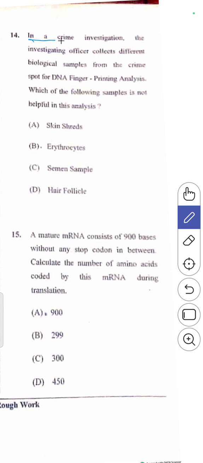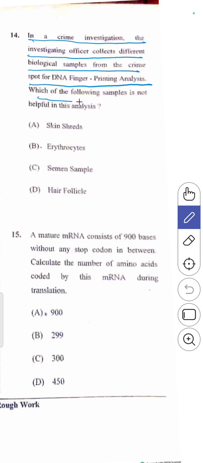14th, in a crime investigation, the investigating officer collects different biological samples from the crime spot for DNA fingerprinting analysis. Which of the following samples is not helpful in the analysis?